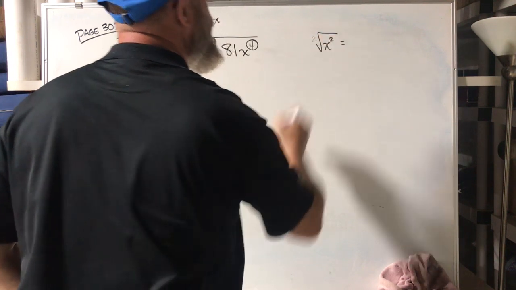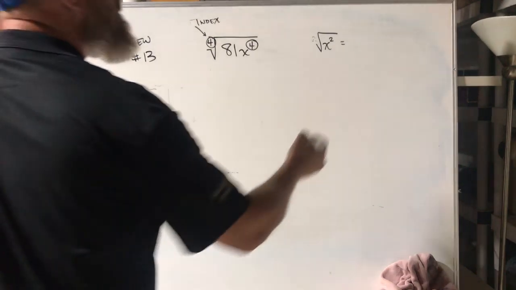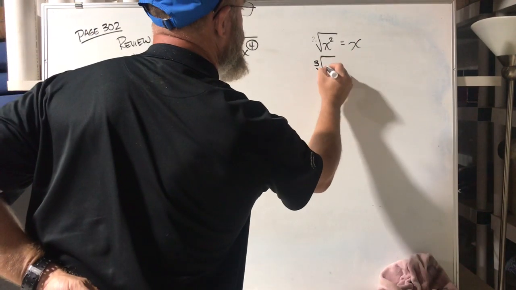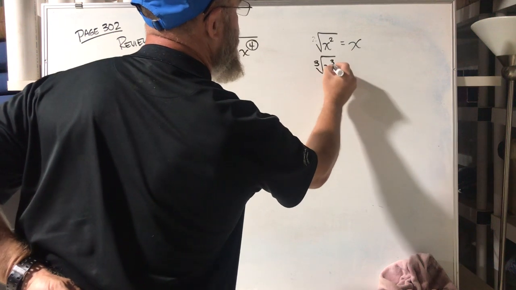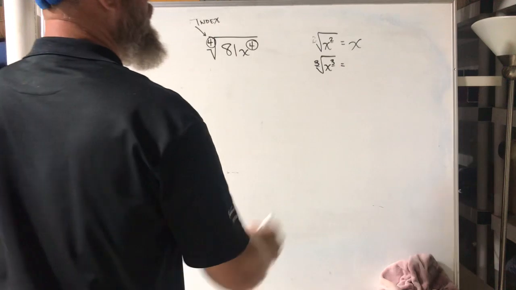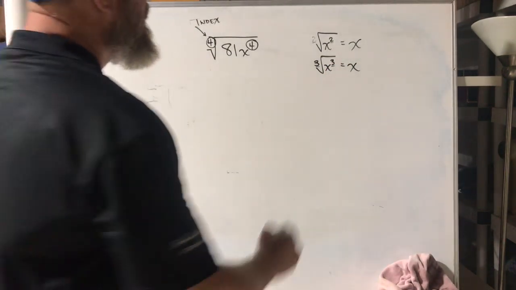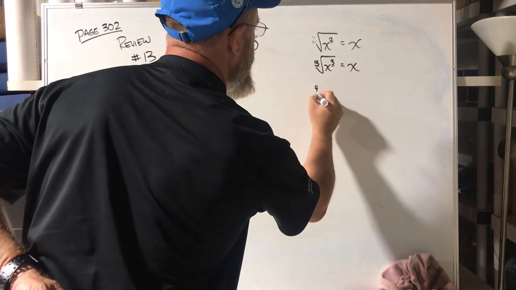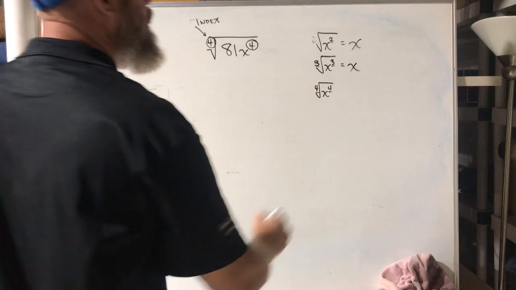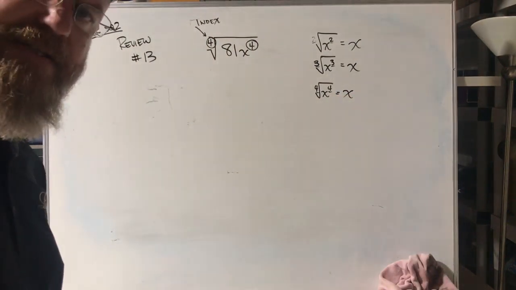The index is 2 on a square root. That equals x. The cubed root of x cubed, these are the same. If they're the same, then it's just the base. Right? The fourth root of x to the fourth, they're the same. That equals x. Does that make sense?